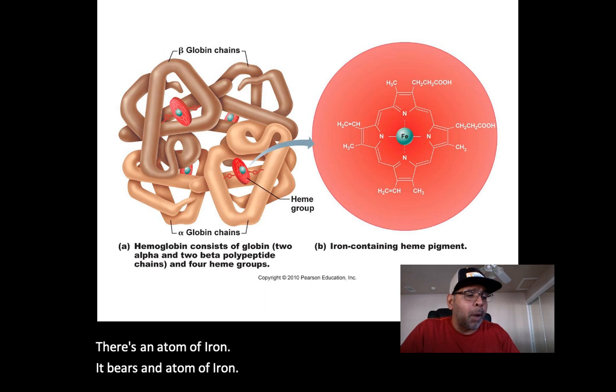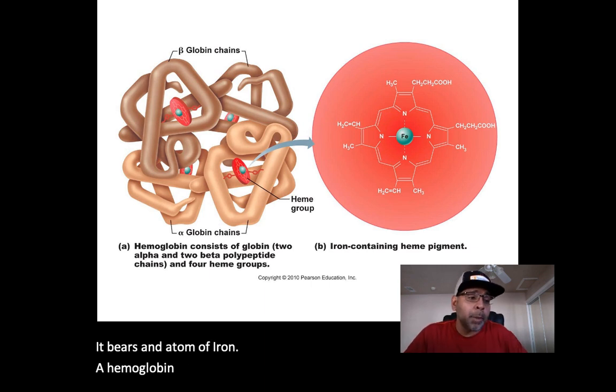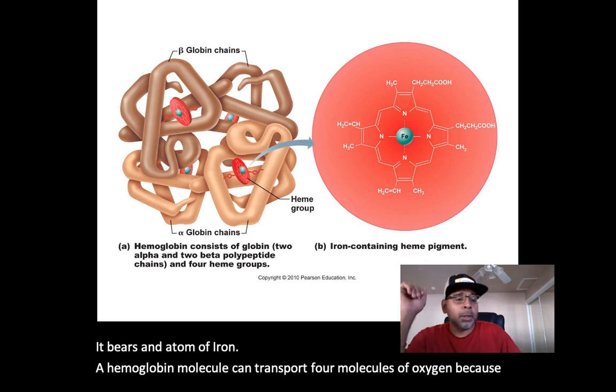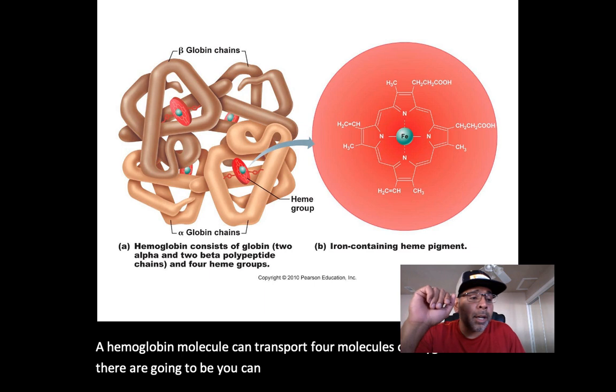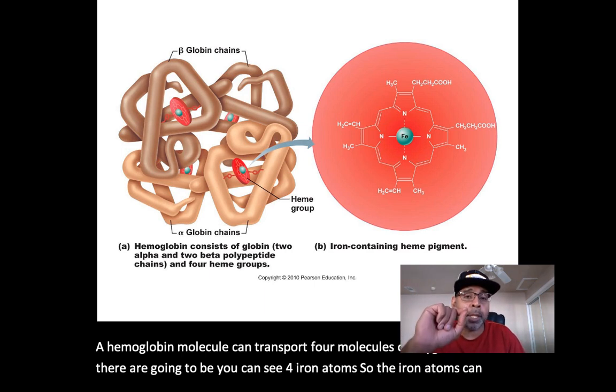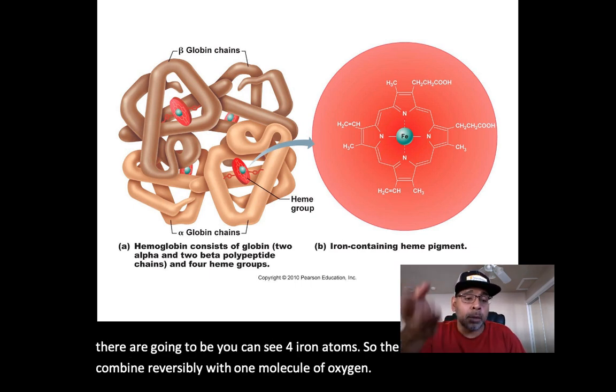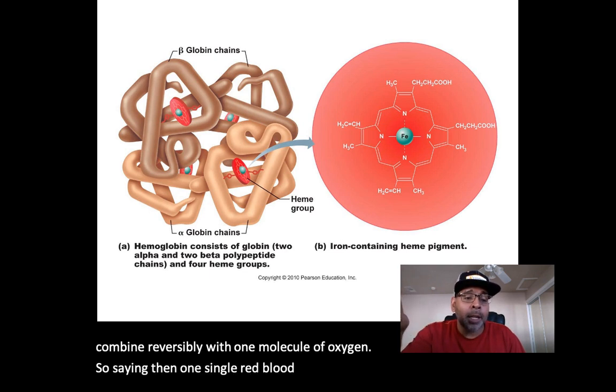A hemoglobin molecule can transport 4 molecules of oxygen because there are 4 iron atoms. The iron atoms can combine reversibly with 1 molecule of oxygen. One single red blood cell can contain up to 250 million hemoglobin molecules.